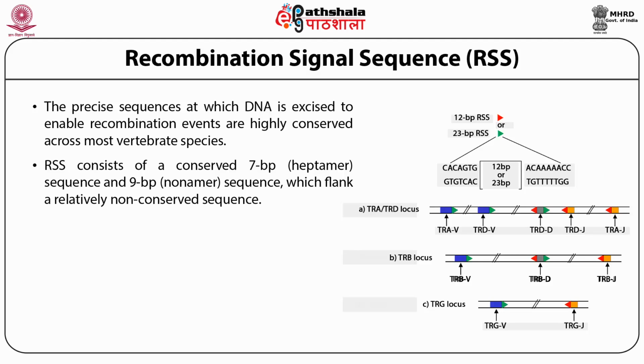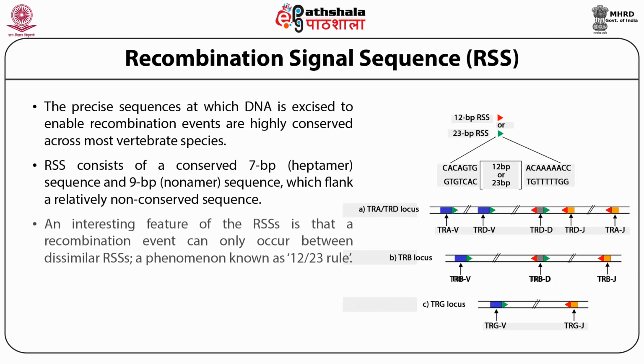Depending upon the length of the spacer sequence, an RSS can be either a 12 base pair RSS or a 23 base pair RSS. As their name suggests, a 12 base pair RSS contains a 12 base pair long spacer DNA, while a 23 base pair RSS contains a 23 base pair long spacer DNA. An interesting feature of the RSS is that a recombination event can only occur between dissimilar RSS, a phenomenon known as the 12-23 rule.